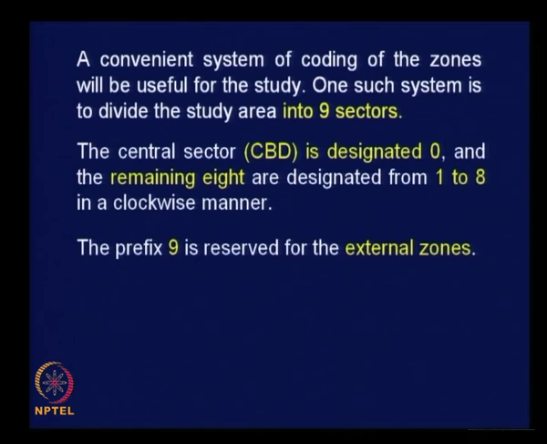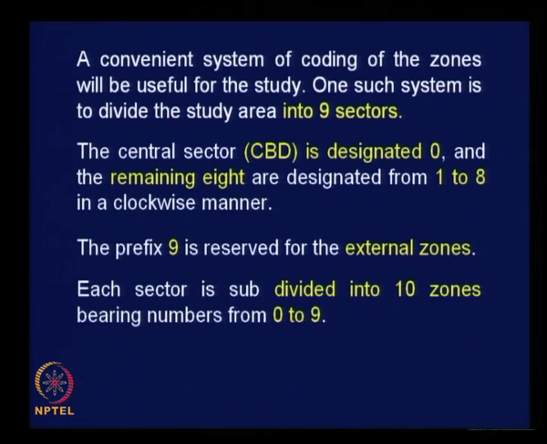The prefix 9 is reserved for the external zones. The entire area outside your external cordon line is given sector number 9. Each sector is subdivided into 10 traffic zones bearing numbers from 0 to 9, isn't it? If you start numbering from 0 to 9, you get 10 traffic zones.